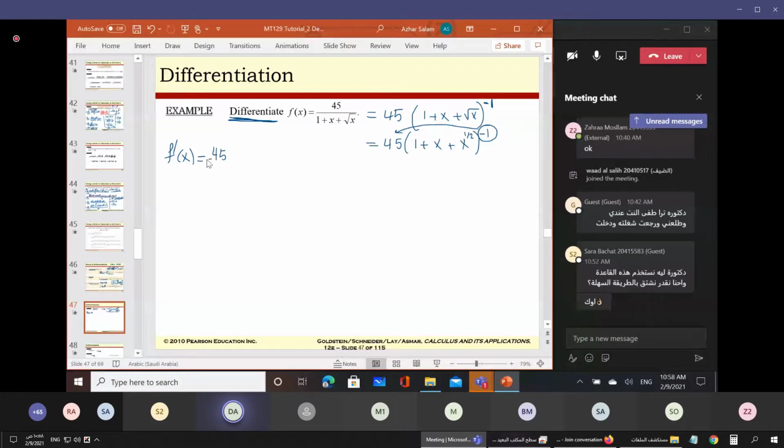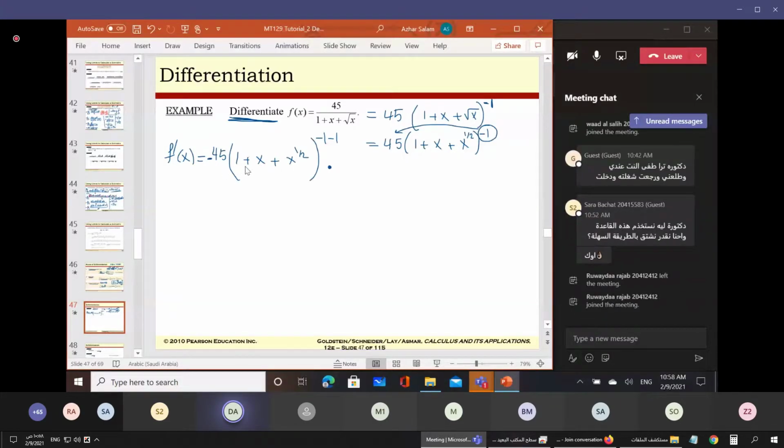So here it will be minus 45 multiplied by all what is inside the brackets to the power minus 1 minus 1. Okay, 1 plus x to the power half. I didn't finish now. I also have to differentiate inside the bracket. So here multiplied by the derivative of this value.